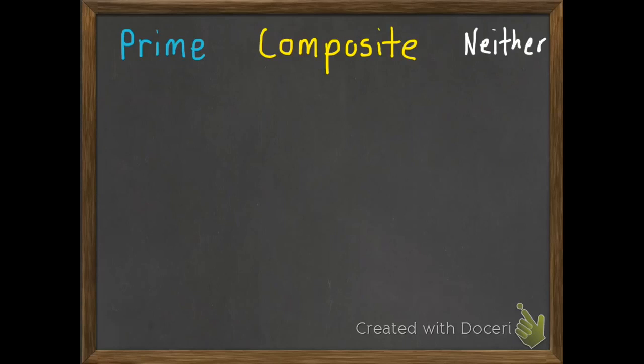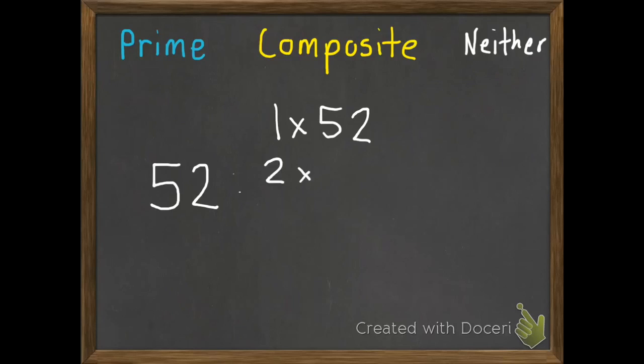Okay, watch this problem. I want to know if this number is prime, composite, or neither. So 52. Let's find our factor pairs. We have 1 times 52. Is there 2 times something that equals 52?